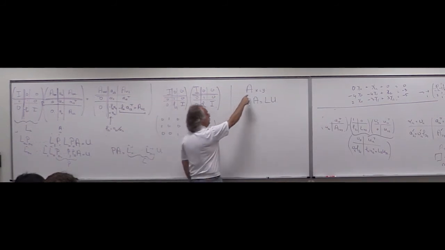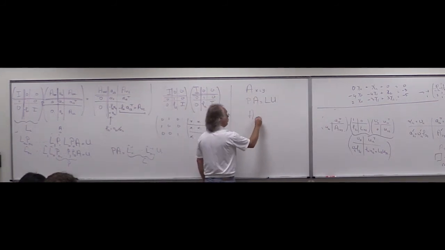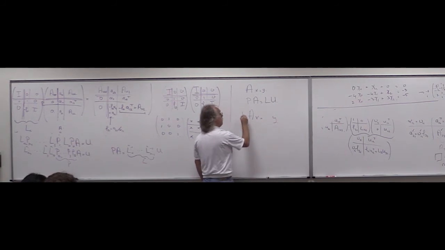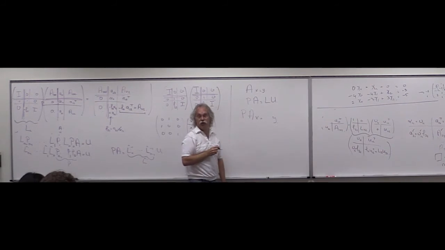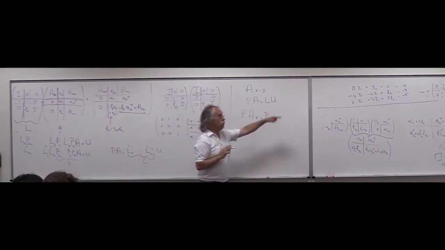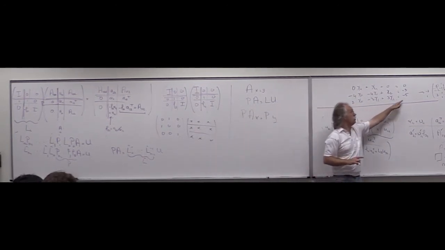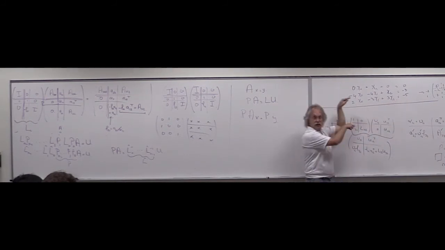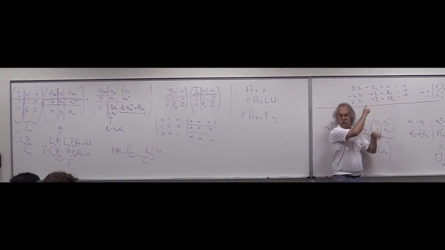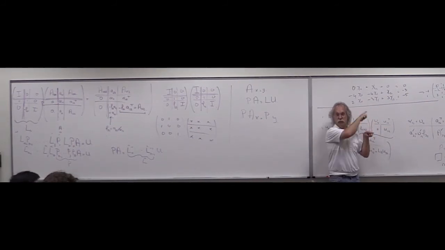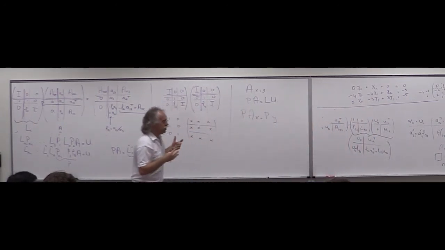If you then want to solve this, you can start with Ax equals y. Now notice that once you've actually done this, you do know what all of the permutations were, and you can apply those to the right-hand side. When you did Gaussian elimination, because the right-hand side was already appended, every time you swapped, you were also swapping the right-hand side, so that was happening implicitly. Or explicitly, depending on how you want to think about it.